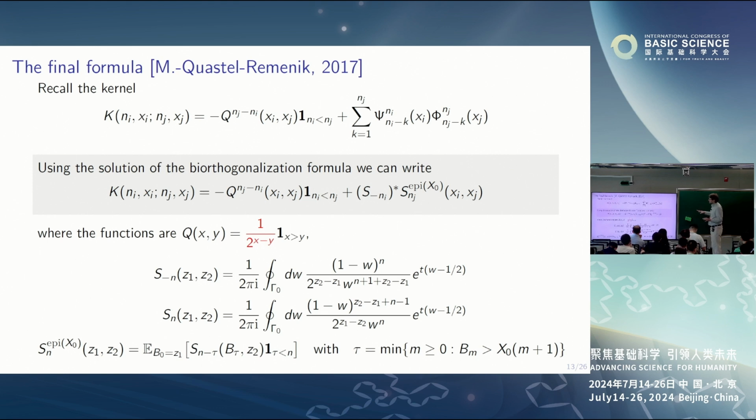So the method itself is quite involved, and the formulas for phi's are also quite complicated, but it happened that the final formula for the kernel has quite beautiful form. Okay, so let me remind you how the kernel looked like. It was like this, containing two terms.